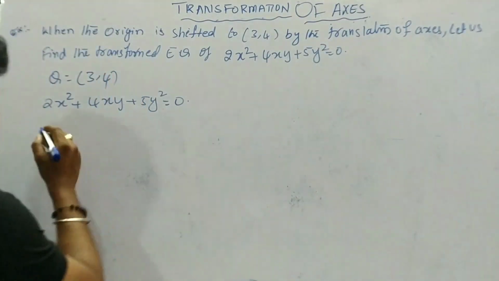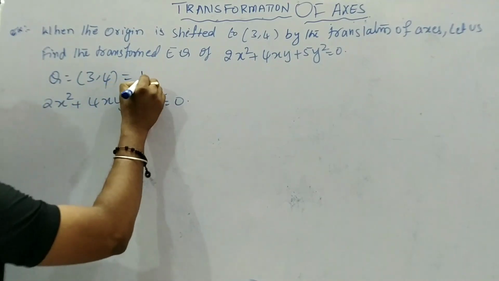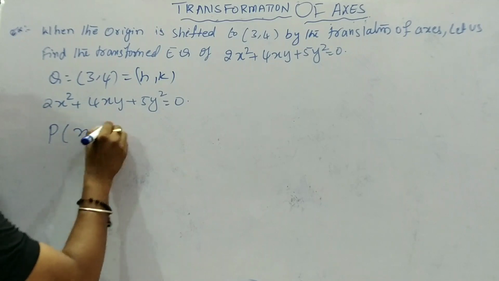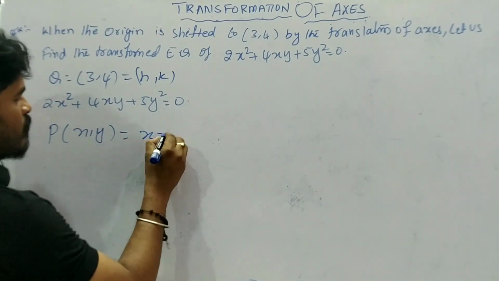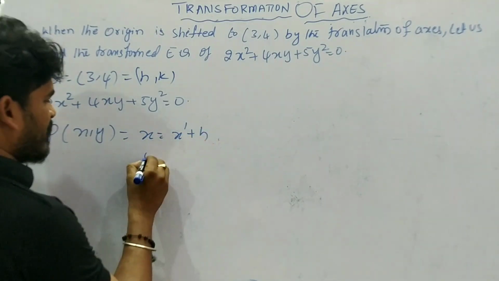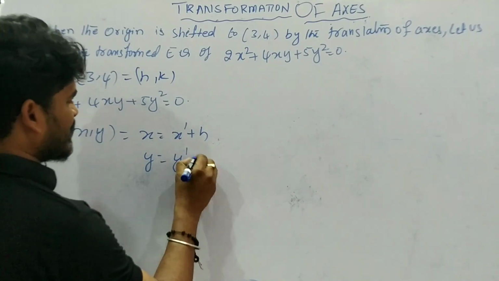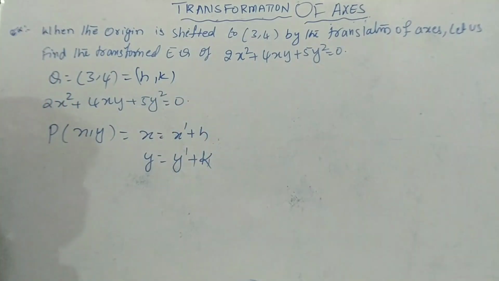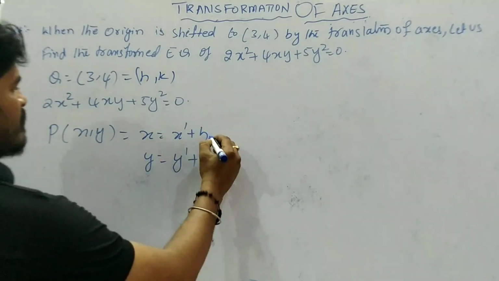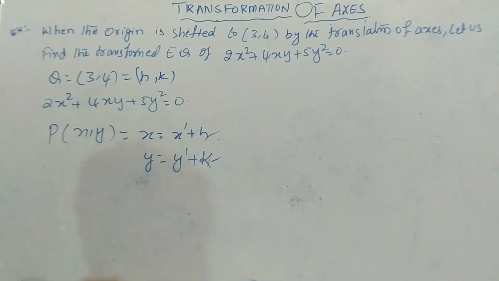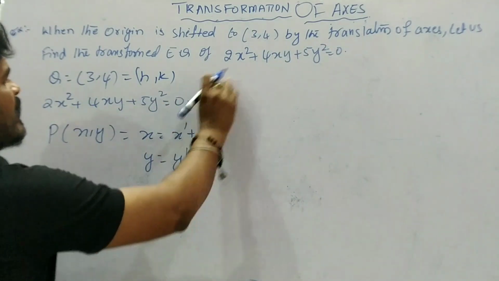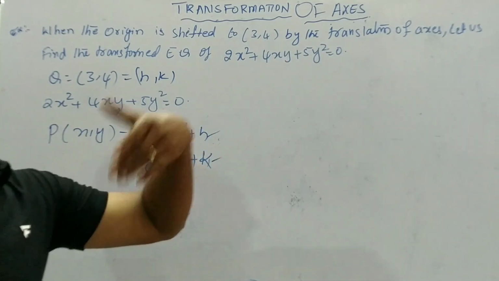After the shift, first of all we are going to find h comma k. The formulas are x equals x1 plus h, and similarly y equals y1 plus k. We know the equation before the transformation is 2x square plus 4xy plus 5y square, which does not change.